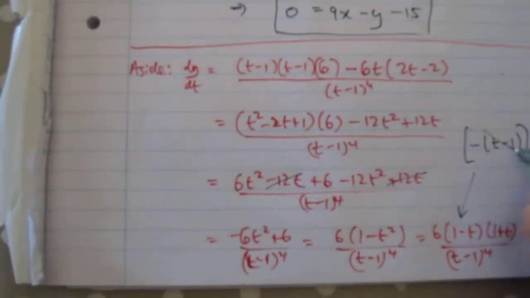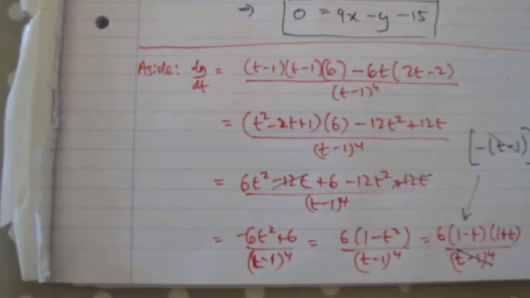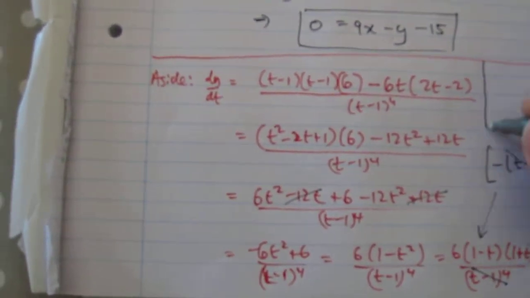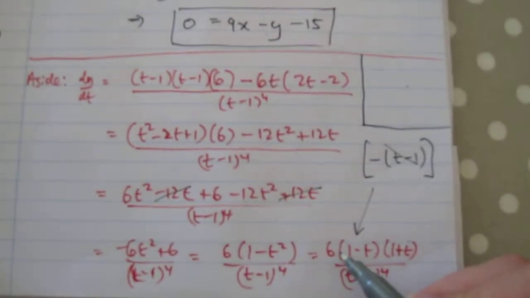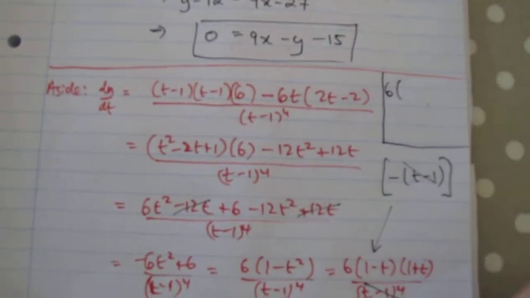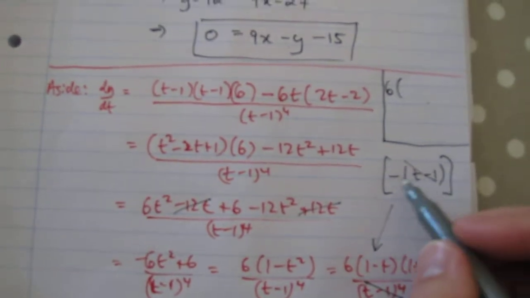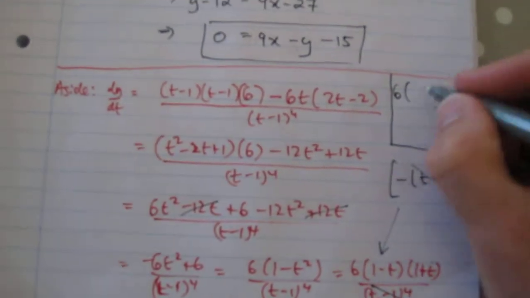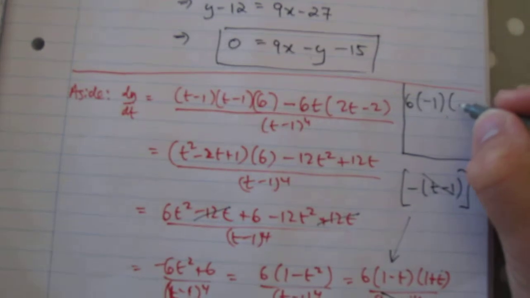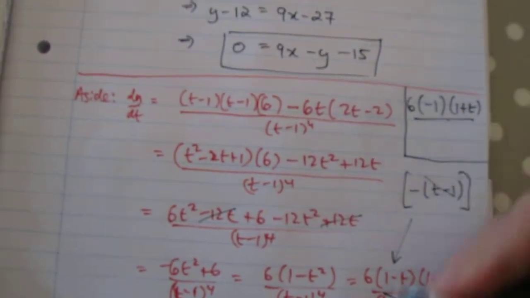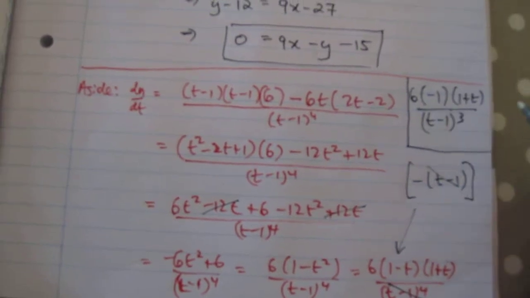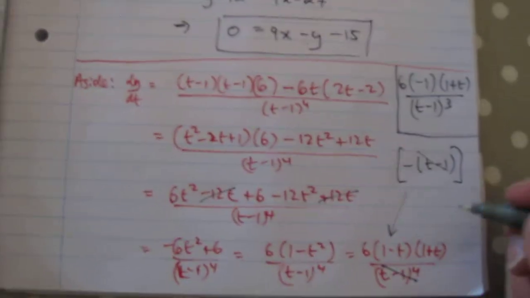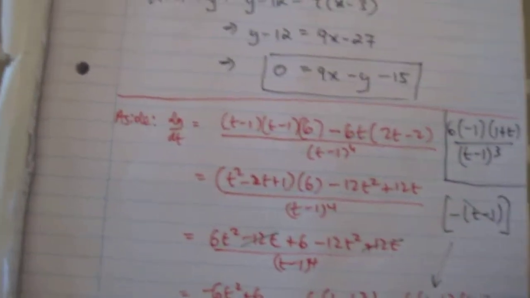So now if I cancel this with the bottom line, I'll be left with the 6 on the top line. Now when t minus 1 goes into this, it goes in minus 1 times. And on the bottom, I'm left with (t minus 1) cubed. So you're left with minus 6 into (1 plus t) over (t minus 1) cubed.